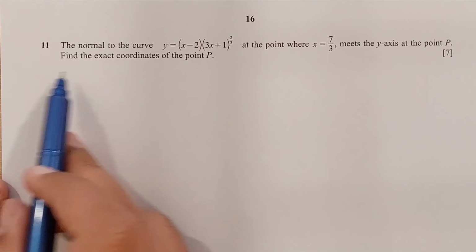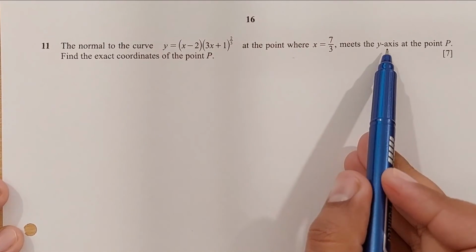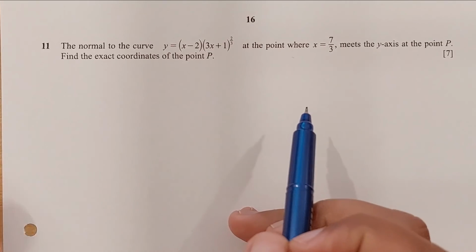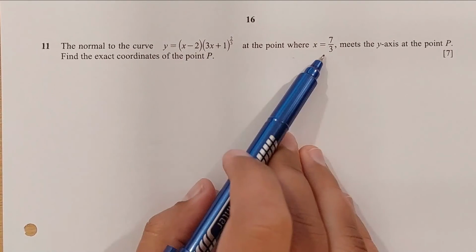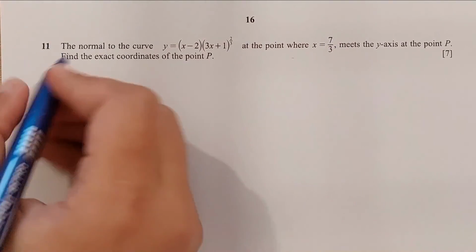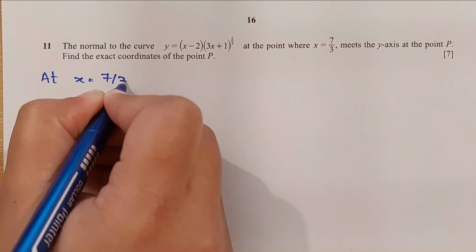Question number 11. The normal to this curve at the point where x equals 7/3 meets the y-axis at point P. Find the exact coordinates of point P. First we need to find the equation of the normal to this curve at the point where x equals 7/3. So what is the y value?